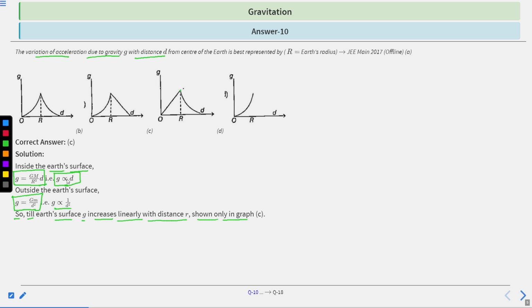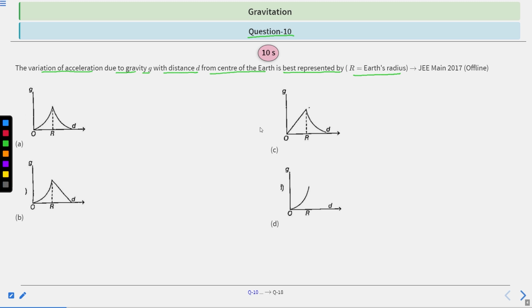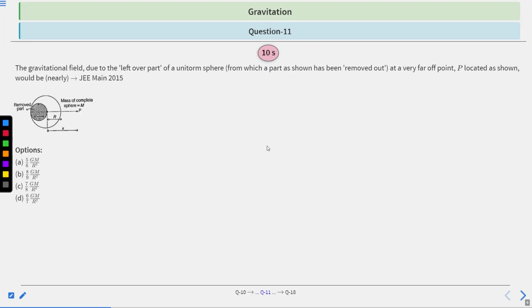Inside the Earth's surface, g is directly proportional to d, and outside the surface it is inversely proportional. So option C is correct. Clear? Next question, question 11.